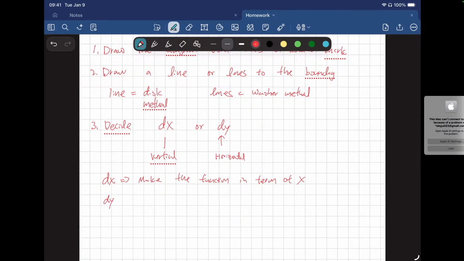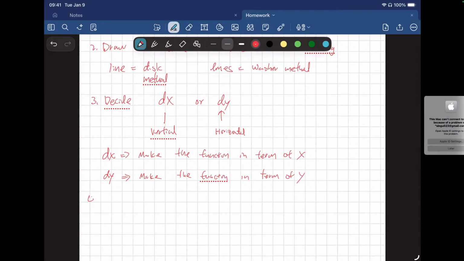If it's dy, then make sure the function is in terms of y. So that is the very basic step.